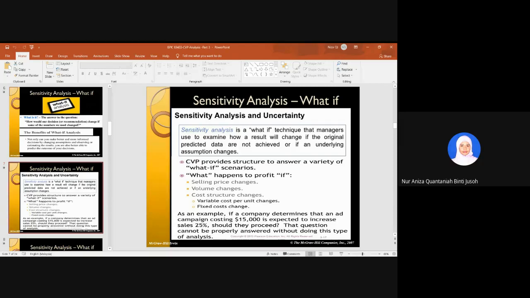For example, a company determines that an ad campaign costing 15,000, so the company wants to employ a new campaign that costs 15,000. If they employ this campaign, they projected that the sales will increase by 25%.